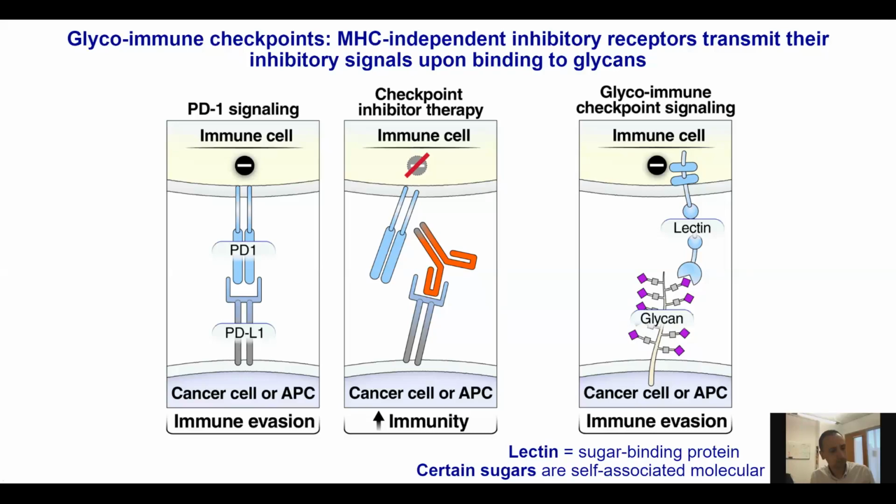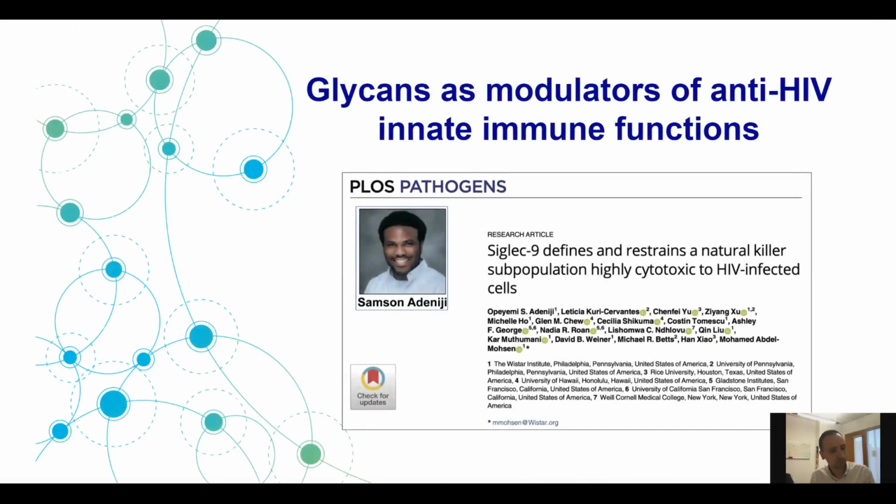Today I will focus on one of those glyco-immune negative checkpoints, and I will first show you how these glyco-immune negative checkpoint interactions can play an important role in regulating innate immune functions during HIV infection. Some of this work was published in this paper last year, in a project that was led by Samson Adeniji, a postdoc in our lab.